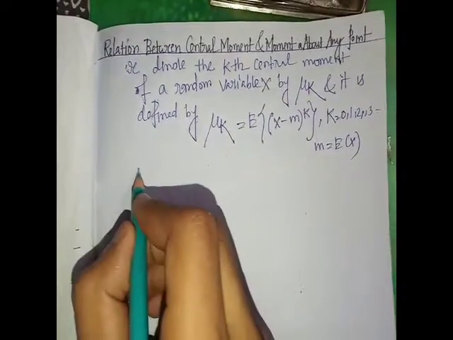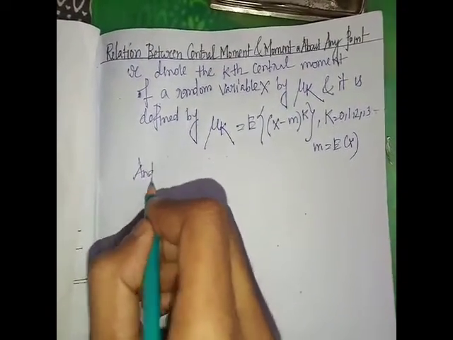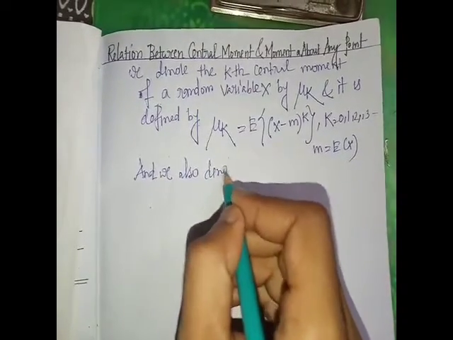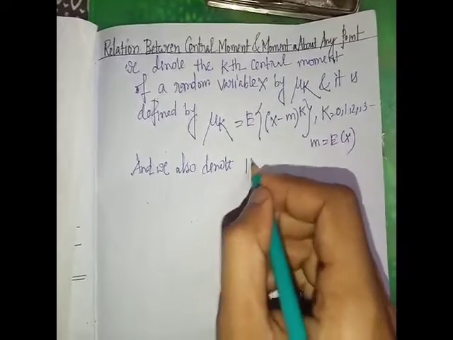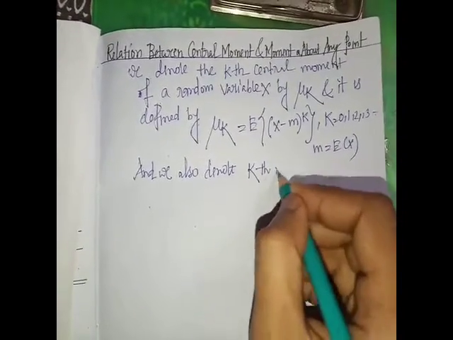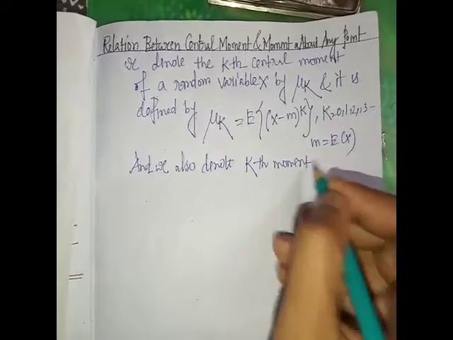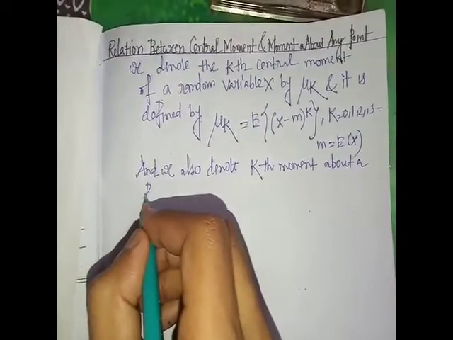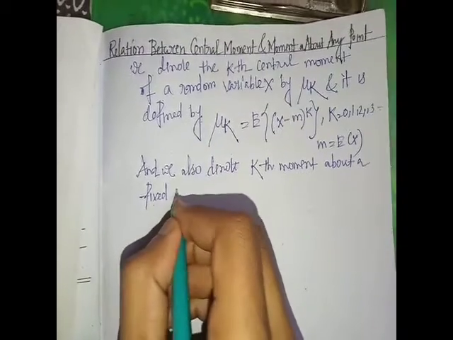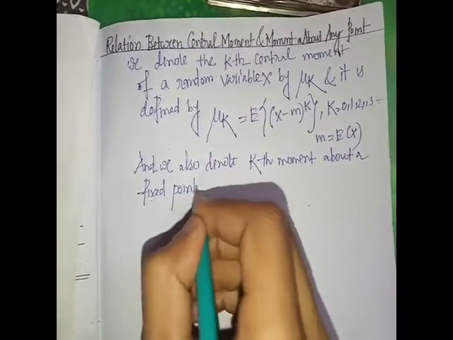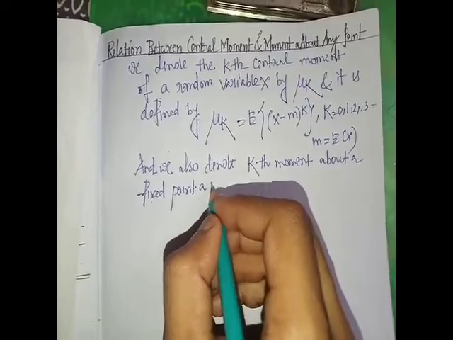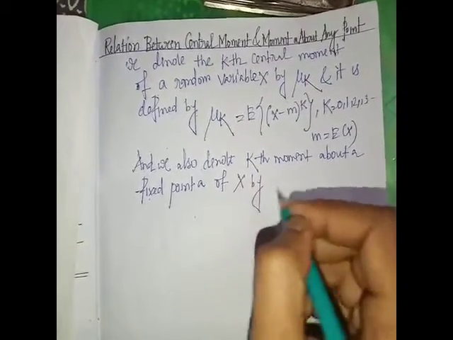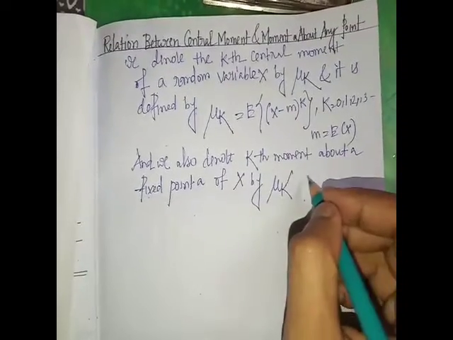Okay, and we also denote the kth moment about a fixed point a of x by mu k dash.